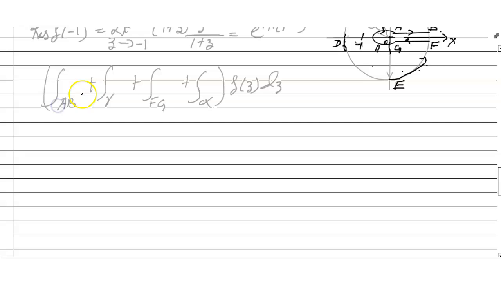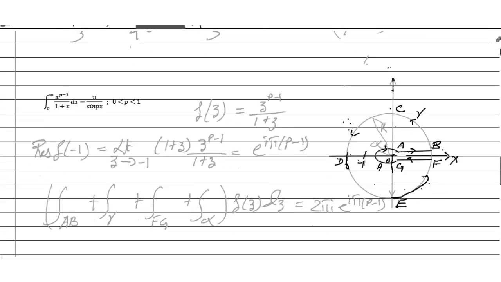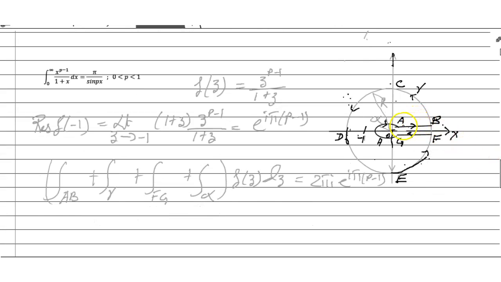This way it is moved. By the Cauchy residue theorem, I get 2 pi i e to the power i pi (p minus 1). You will see this is the way: AB, after that gamma, this is the gamma path, after that FG, after that the alpha path.